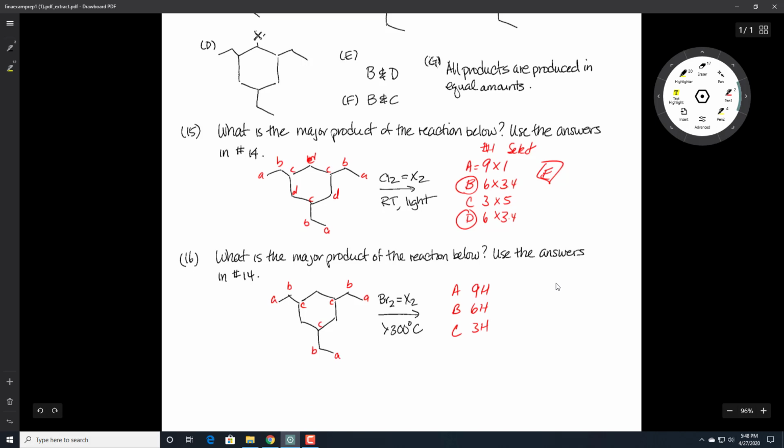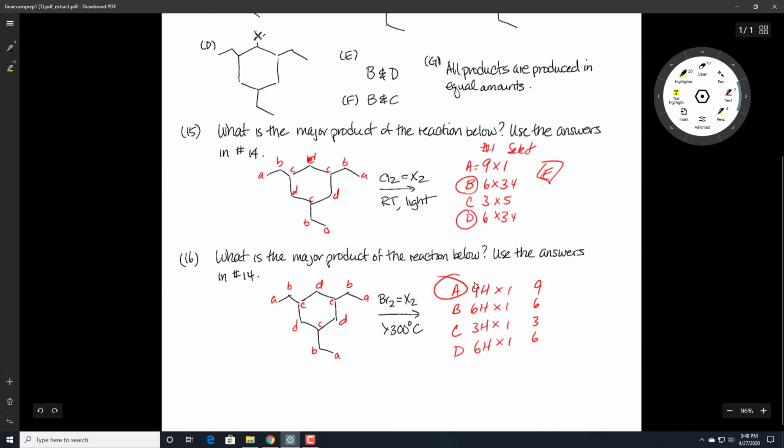And for D, we've got 2, 4, 6, so we've got 6 hydrogens for D. All of those are multiplied by 1, so this is pure statistics. And so we've got a 9, a 6, a 3, and a 6, which means in this case A is the major product of that reaction.